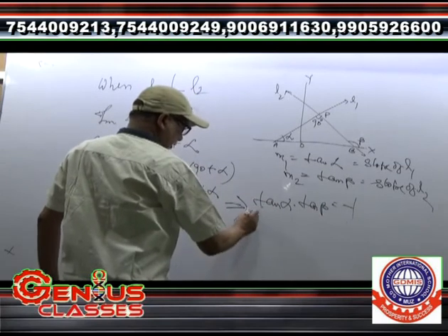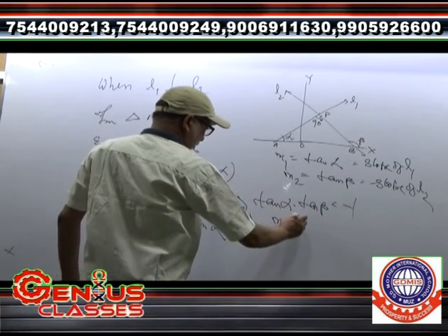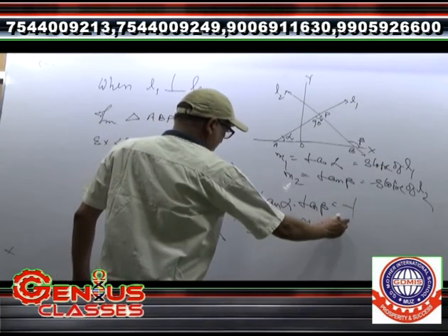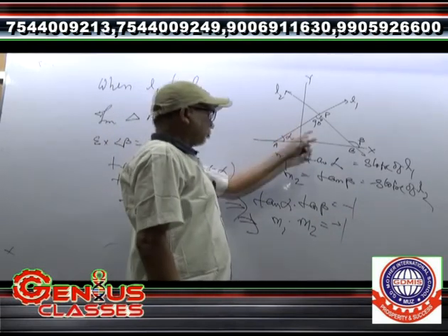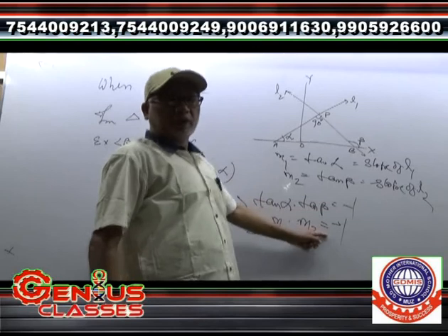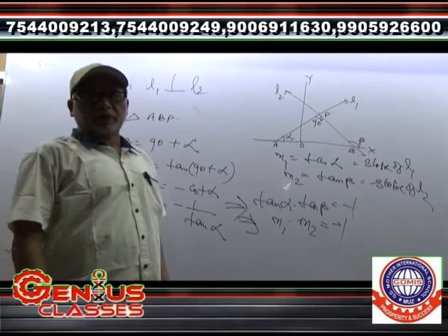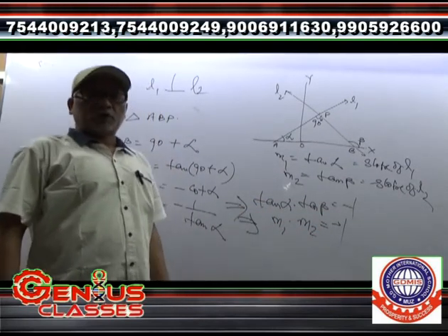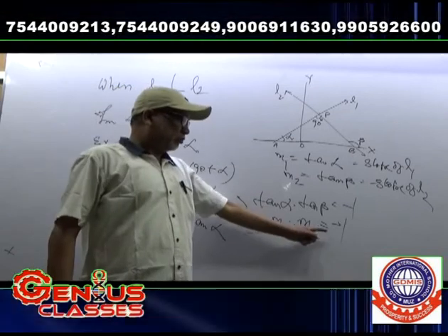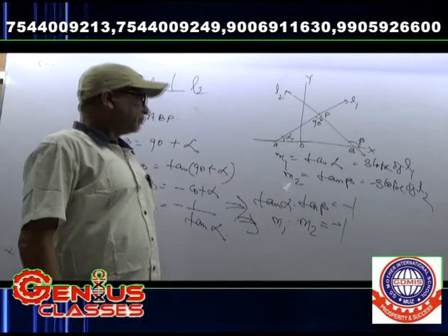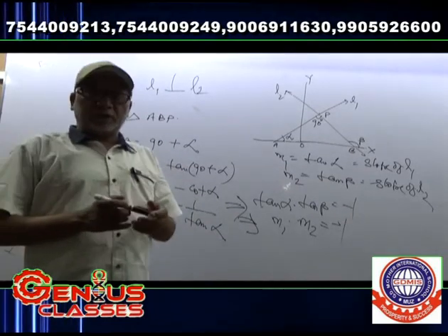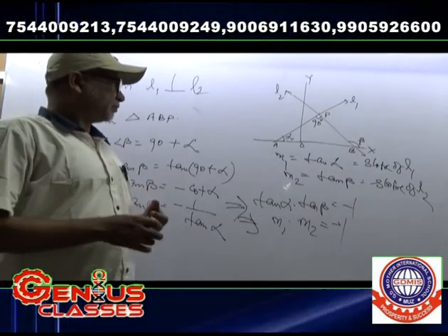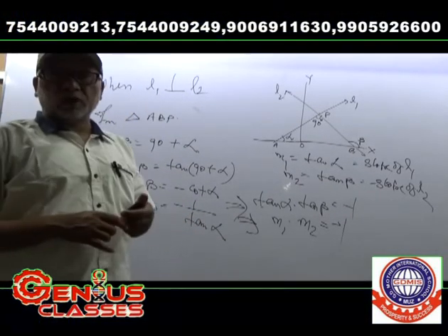Therefore, this implies that m1 into m2 is equal to minus 1. अगर दो line perpendicular हो तो उनका slope का product -1 के equal होता है. When two lines are perpendicular to each other, the product of their slopes is equal to -1. Now you can solve the exercises which are based on this formula. Okay.